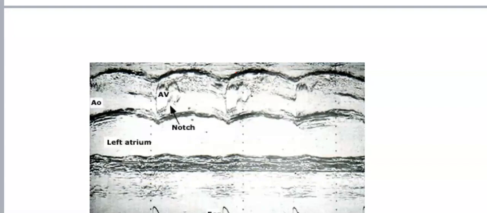Because the mid-systolic notch indicates dynamic obstruction, meaning what? The obstruction takes place during a certain part of the cardiac cycle, which is mid to late, because of the peak of contractility that brings the septum closer to the anterior leaflet, and you get the obstruction.